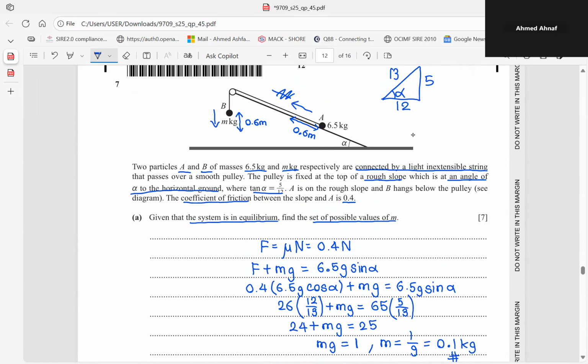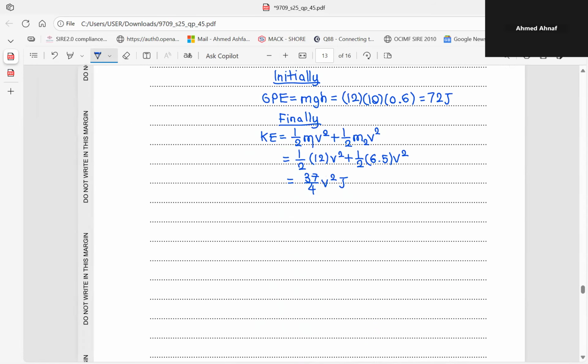And then A has also moved up, so we have to calculate the GPE. For the height, it would be the vertical height, so that's just 0.6 sine alpha. So GPE would just be mgh, where m is 6.5, g is 10, and h is 0.6 sine alpha.